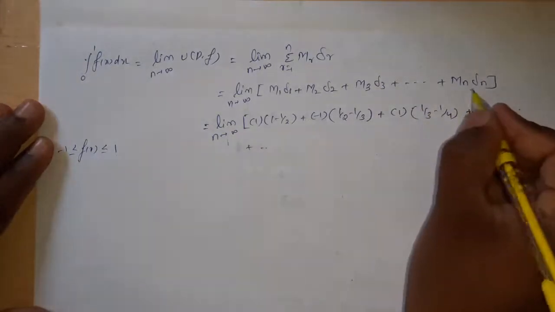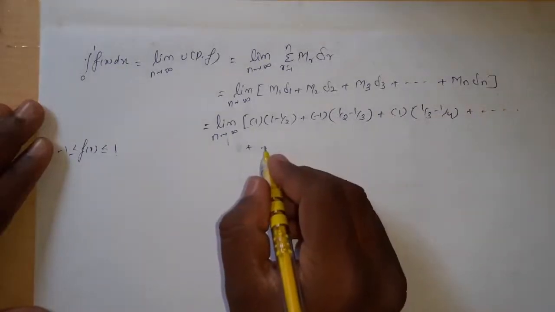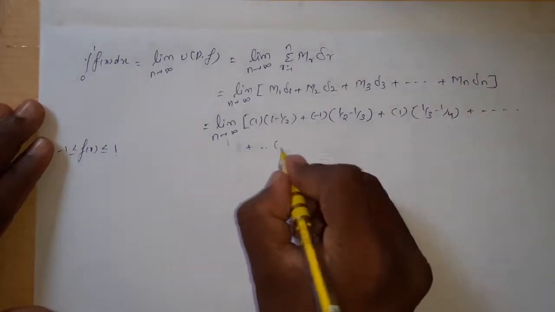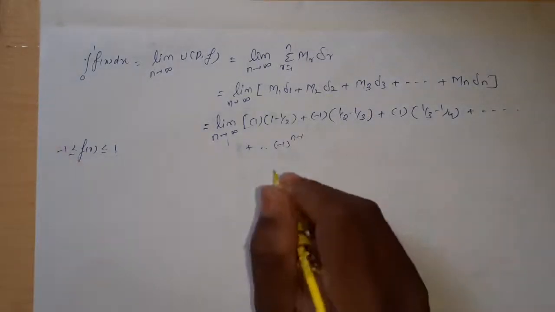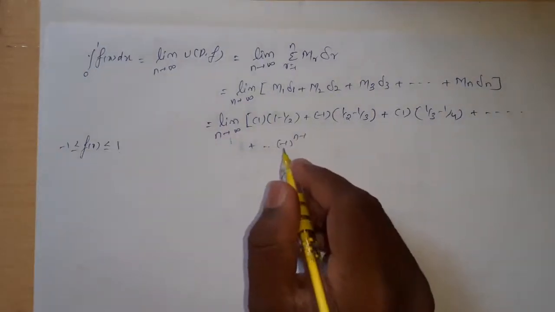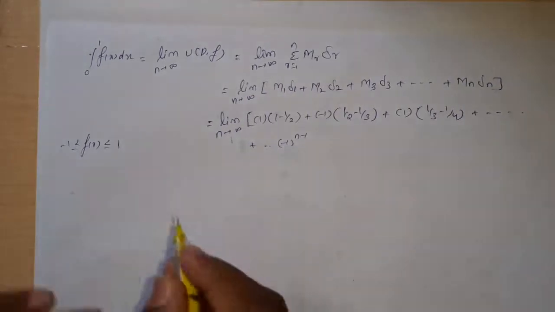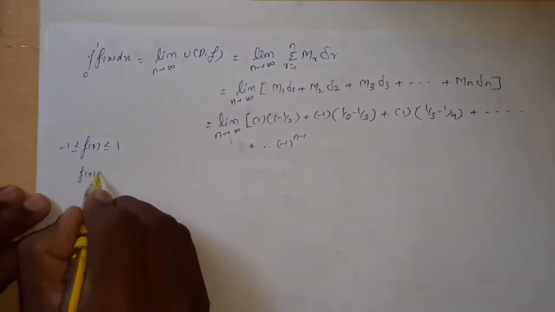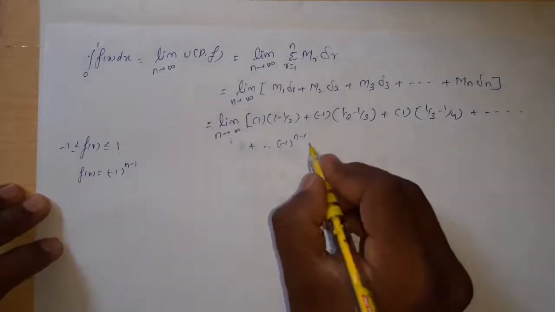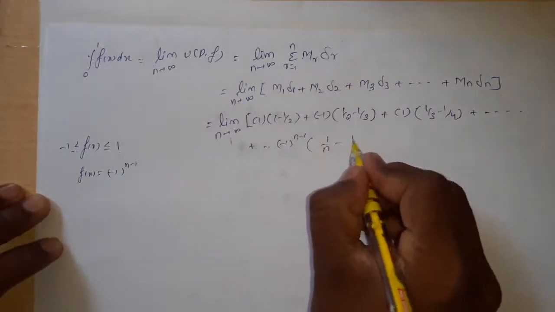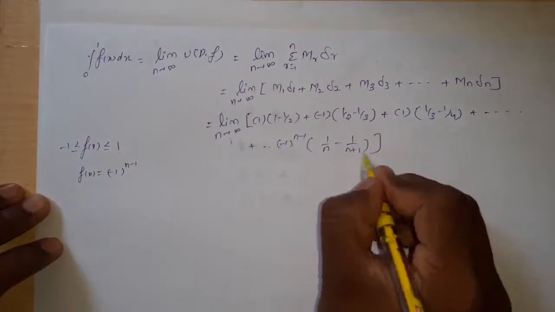Here mn, the last interval, it is minus 1 whole power n minus 1, right, because depending on the value of n, in the last interval f of x equal to what? Minus 1 whole power n minus 1, and here it is 1 by n minus 1 divided by n plus 1.